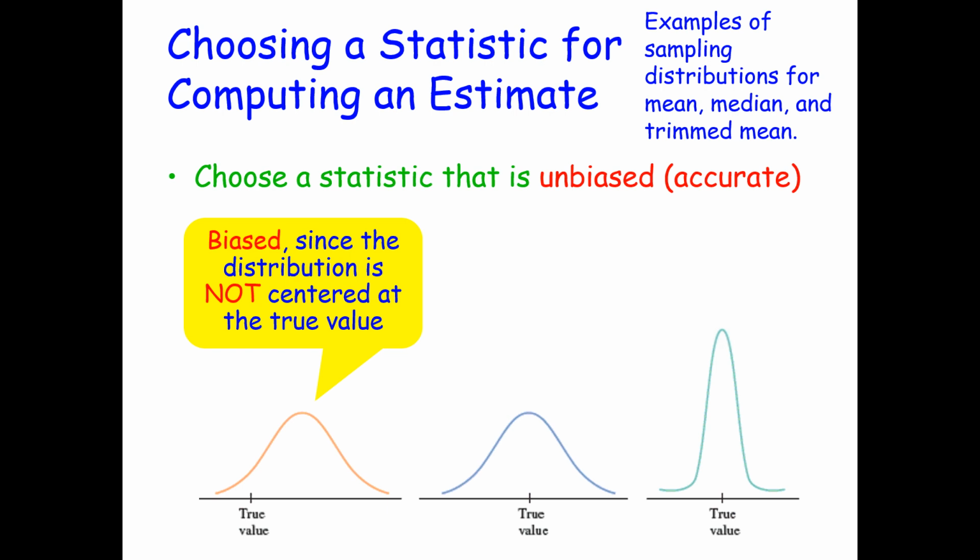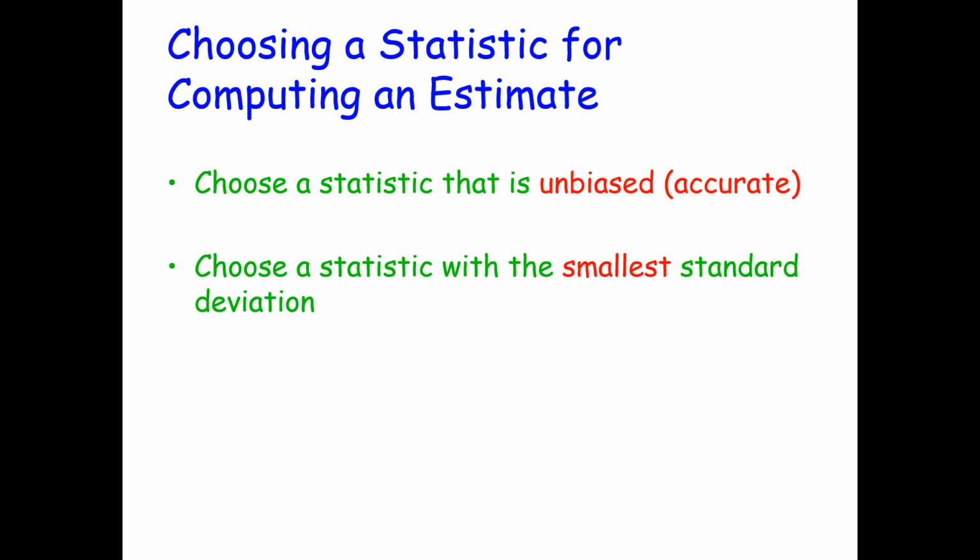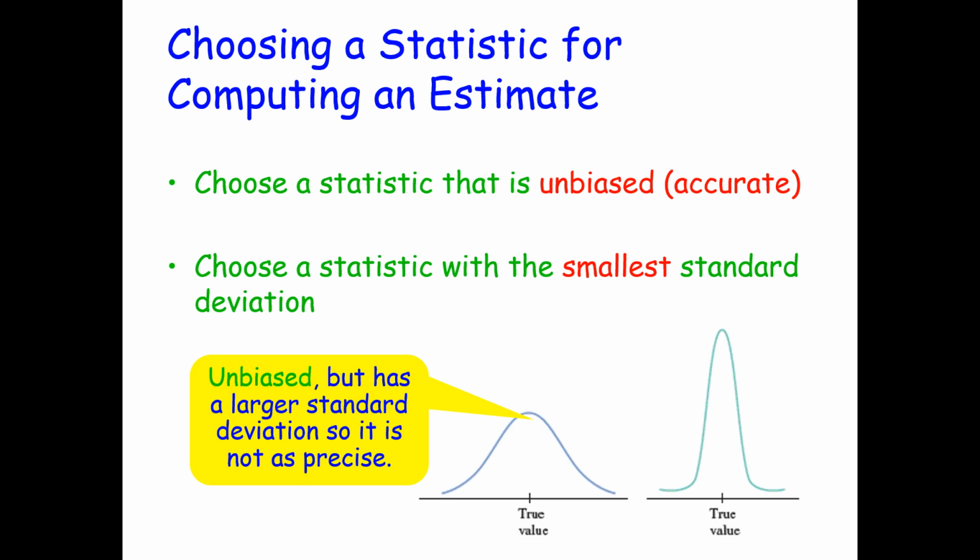Now we also want to choose a statistic with the smallest standard deviation. So let's go back to our examples and specifically the two that were unbiased. Here we have our unbiased estimate, but it has a larger standard deviation, so it's not quite as precise.